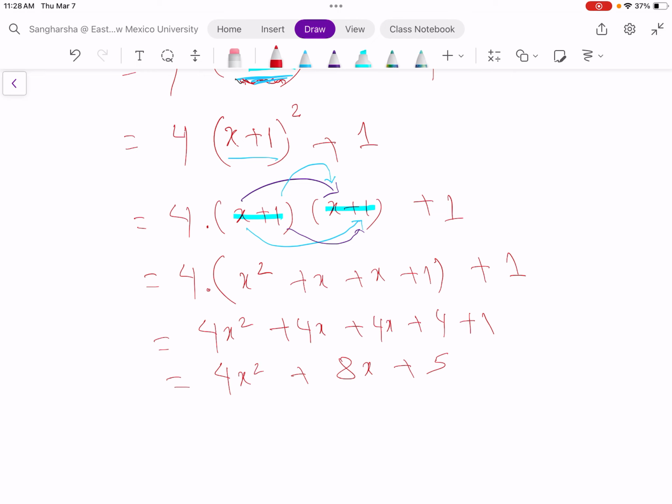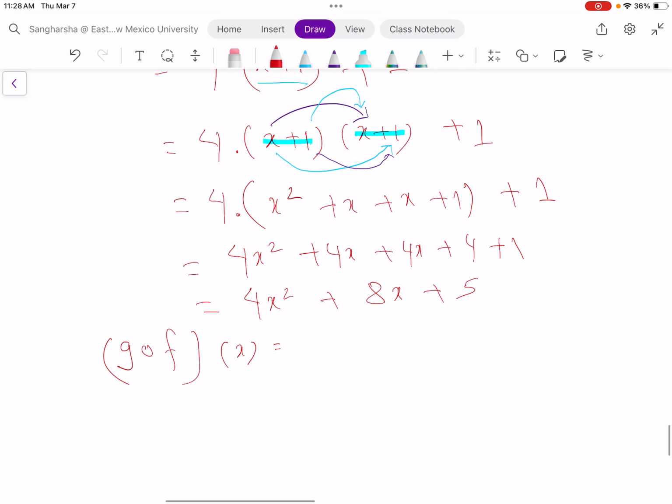And similarly, we can also find g composite f of x. Okay, and the definition is you're gonna have g at first, parenthesis f of x. So in this case, you substitute f of x at first, okay, which is 4x squared plus 1. So we have g as it is.